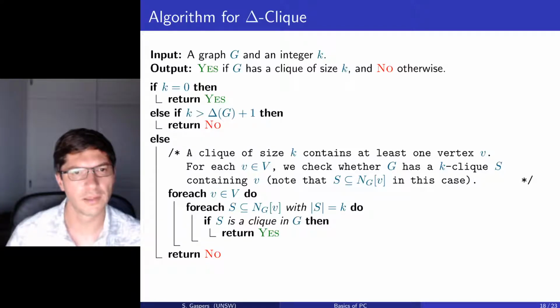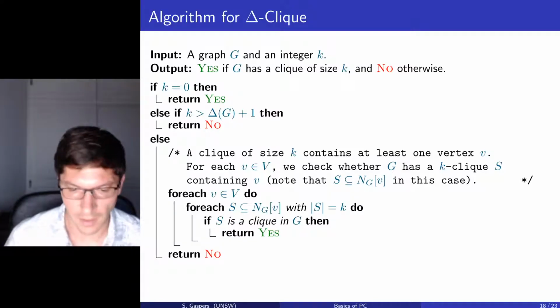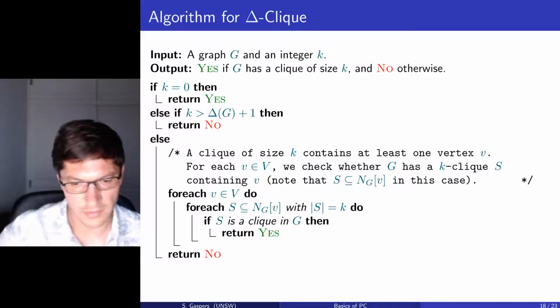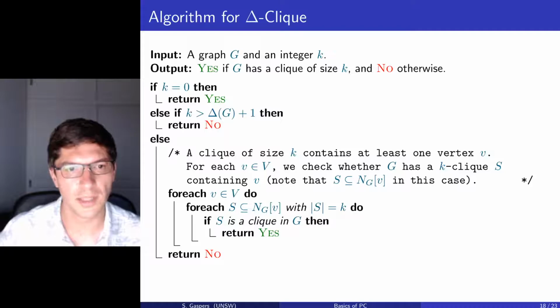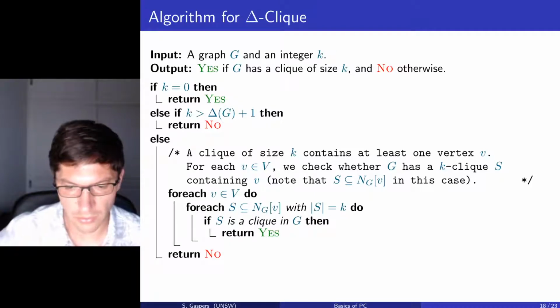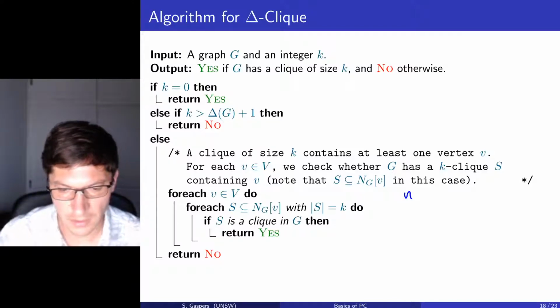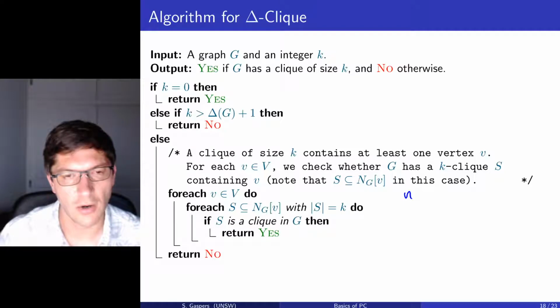Okay, so what's the running time here? The halting rules can clearly be checked in polynomial time. Now we go through all vertices, so that's a factor n in our running time. Now for each subset of the closed neighborhood of v with the subset having size k, we do something.